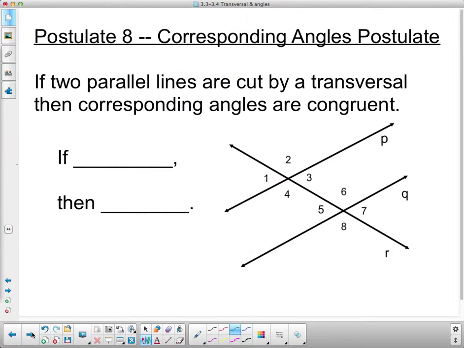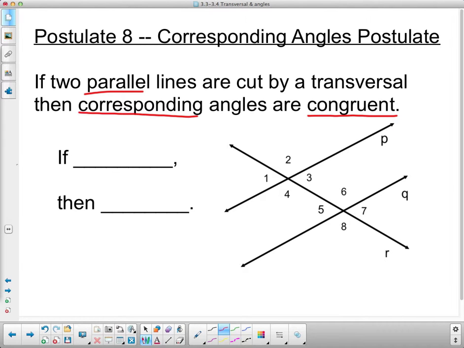So the postulate, a lot of you are filling in the blanks: if two parallel lines are cut by a transversal, then corresponding angles are congruent. So you have to have parallel lines cut by a transversal. Fill in your blanks.